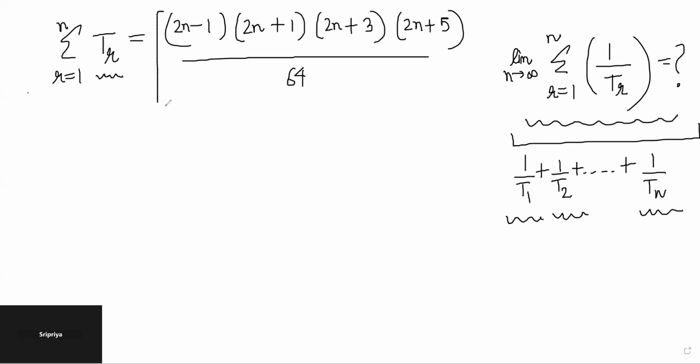Do you think this is telling us Tr? I thought this was just one term. You don't know the meaning of the summation symbol. Yeah, it means the sum of many terms, and I thought Tr is one term and we have to find the summation for r is equal to 1 to n.